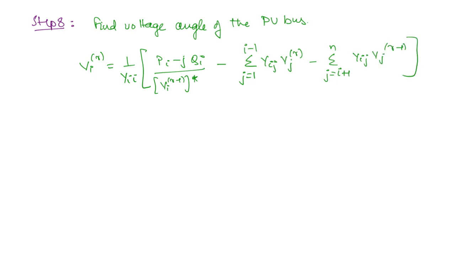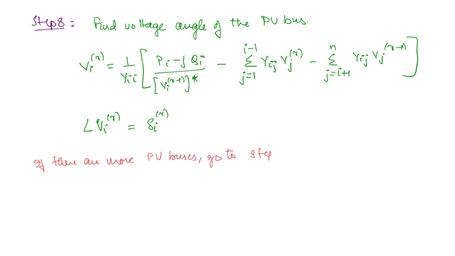Here you will get the voltage, and if you get the angle of this voltage of the rth iteration, then you get the required angle, the rth iteration of delta. Then for the next PV bus, you go back to step 6. If there are more PV buses, go to step 6.